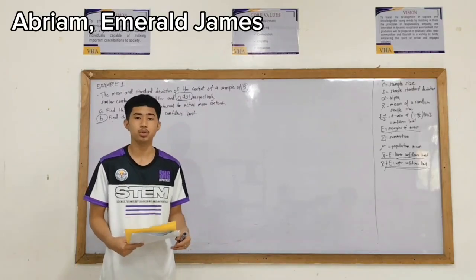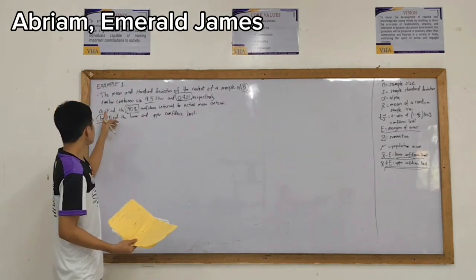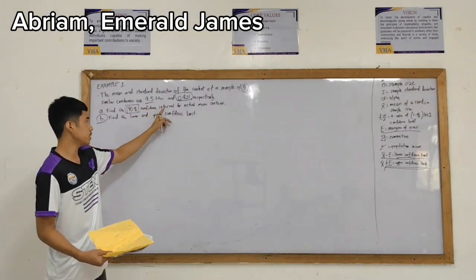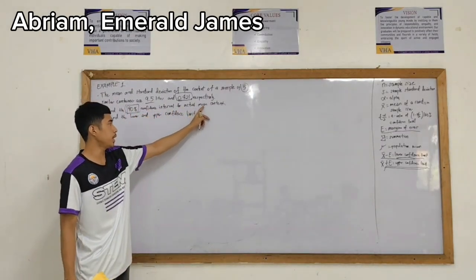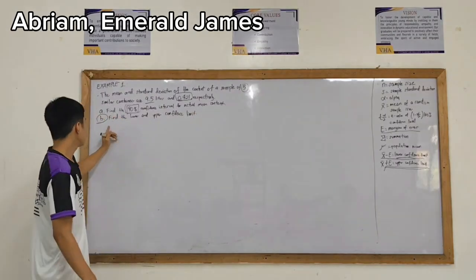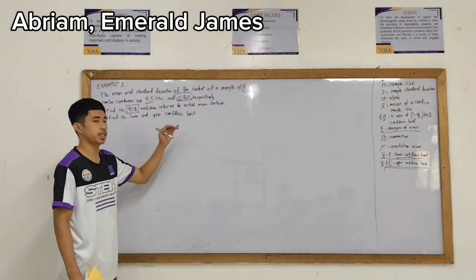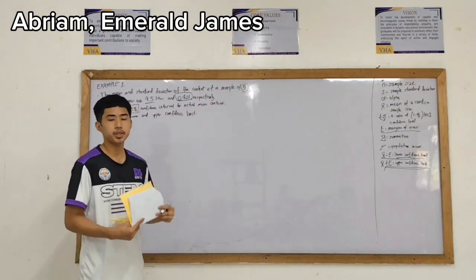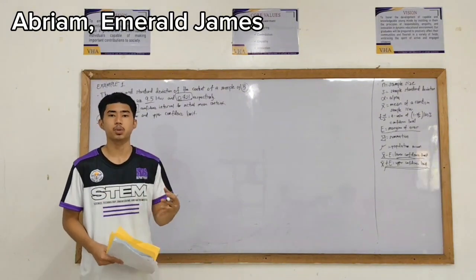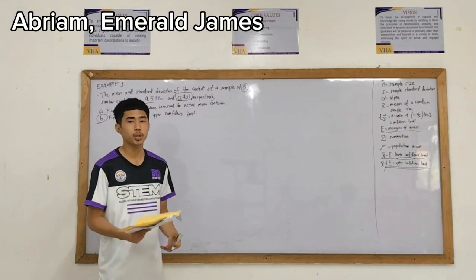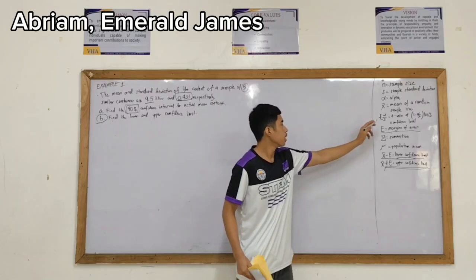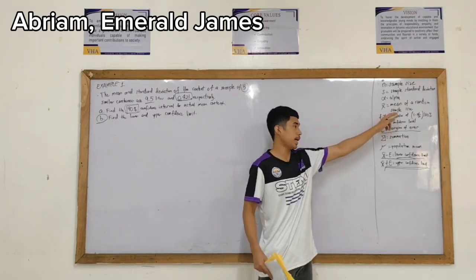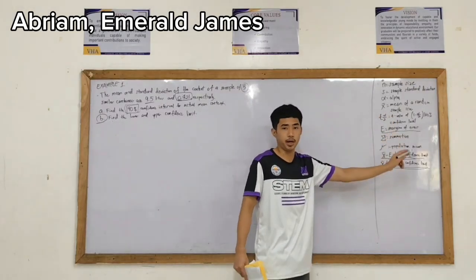This is the other way. The 90% confidence interval, and find the lower and upper confidence limit. So this is the step-by-step solution. In this solution, we just take the sample mean and the margin of error.